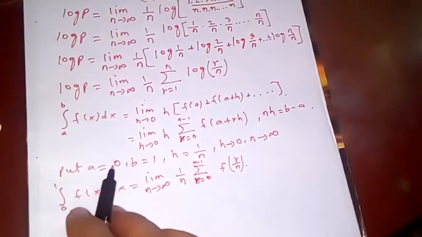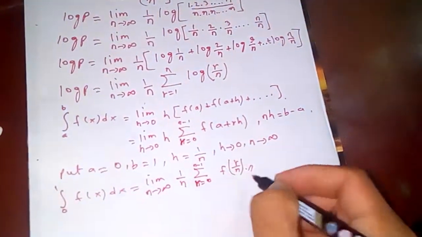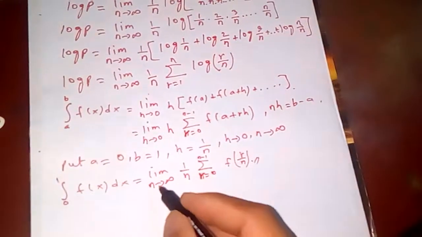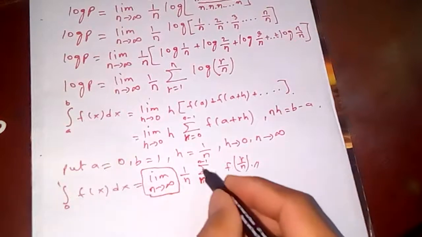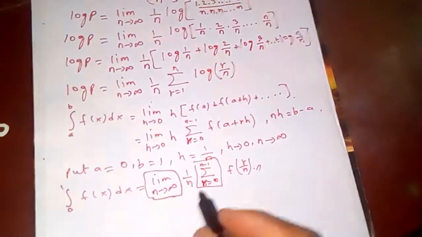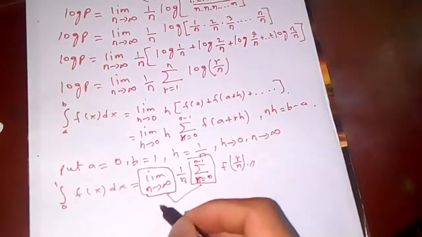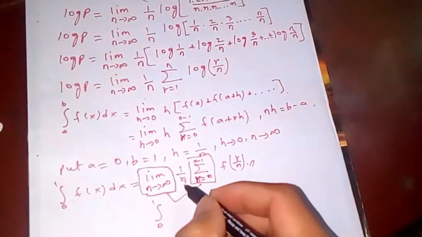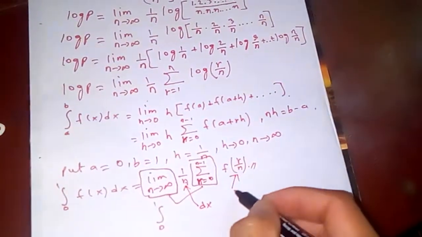Because a is 0 already, so rh is nothing but r over n. So that means replace this summation by the integral from 0 to 1, r by n by x, and 1 over n by dx, and this is nothing but f of x.